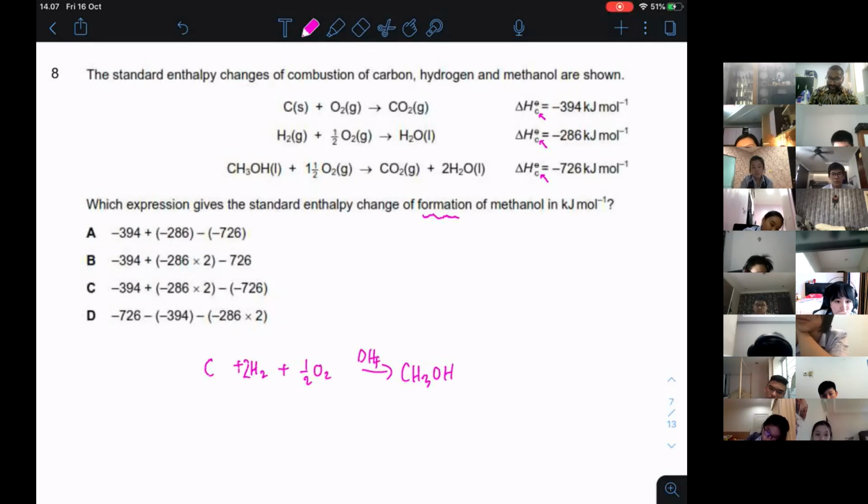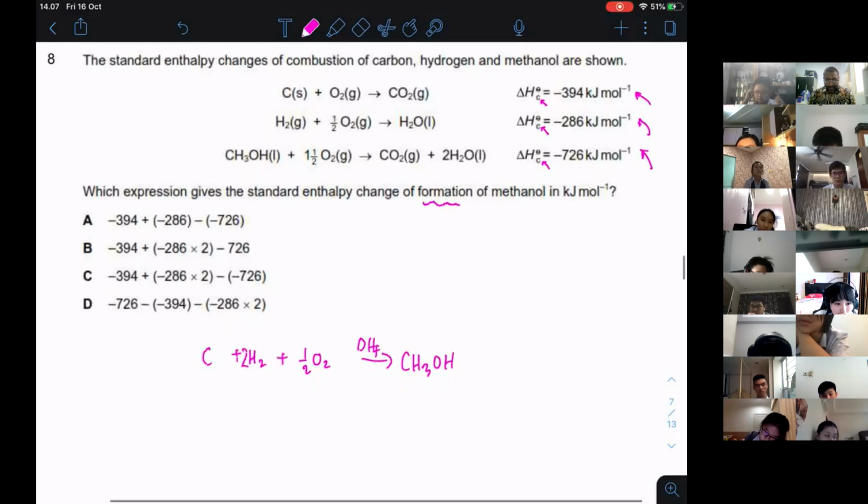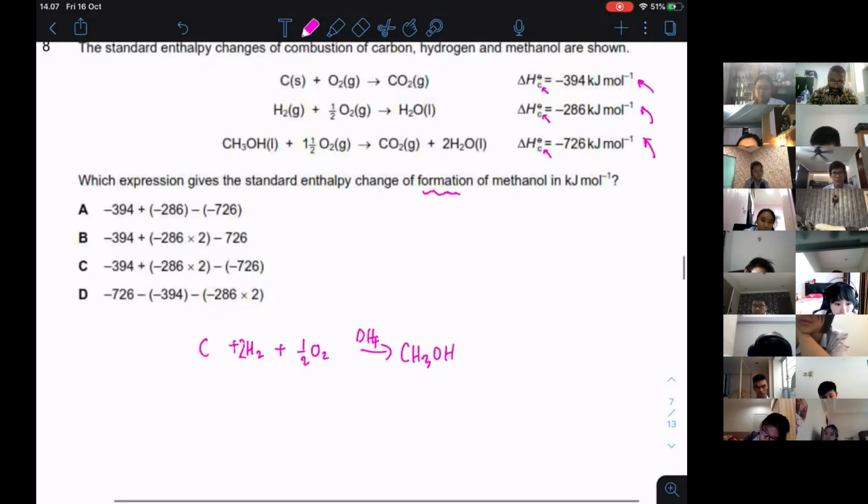I need to calculate this, but you have all this data. Now let me ask you, given this, is it going to be the formation method or the rearranging the equation method? Rearranging. Very good. This is rearranging the equation. You see here, carbon must be on my left.